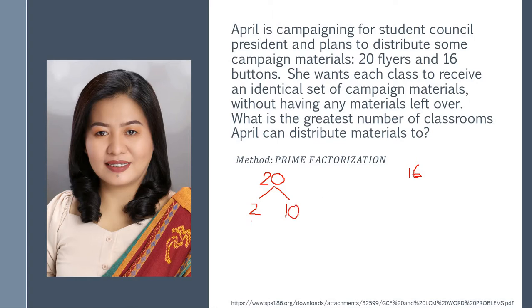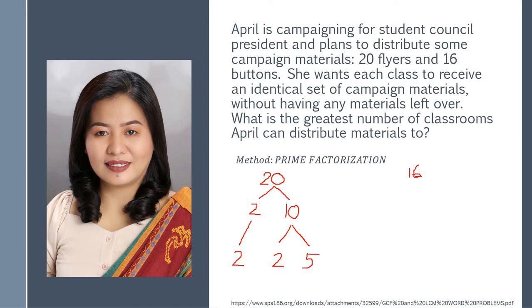Since 2 is already prime, we just write it again and find also the prime factors of 10. We can also write 2, and a number that, multiplied by 2, gives you 10 is 5. Is 5 a prime number?